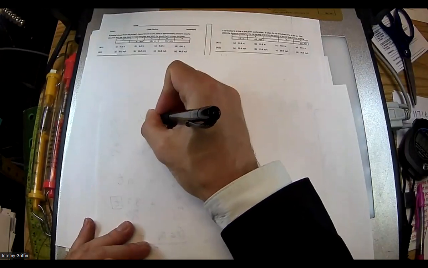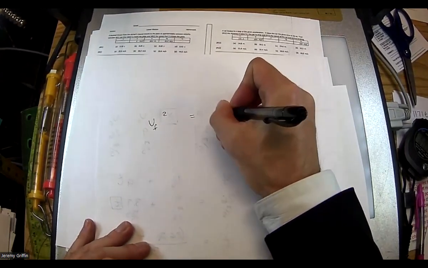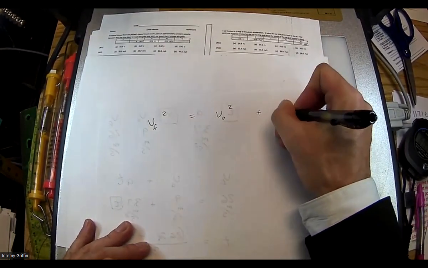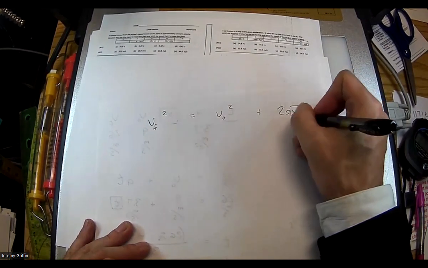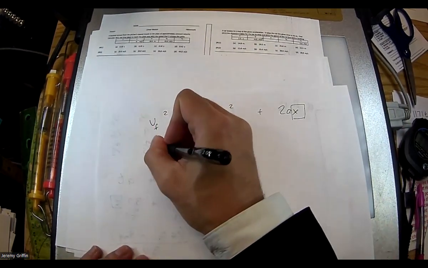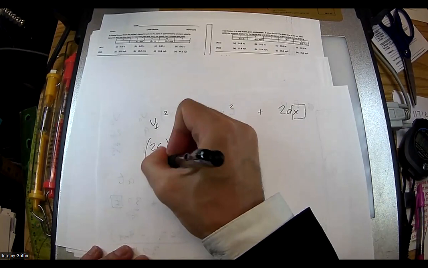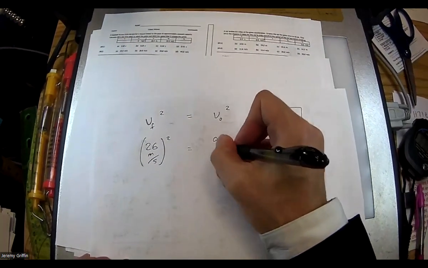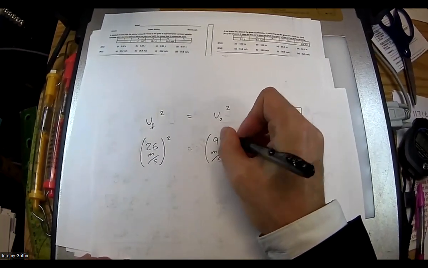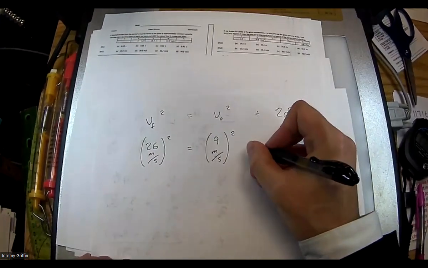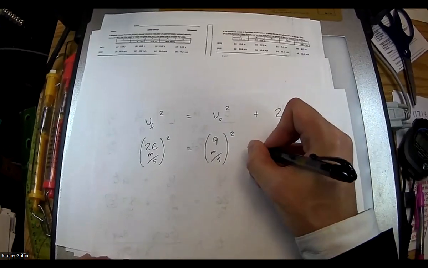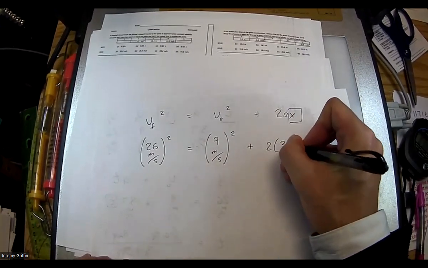I'm going to say vf squared equals v naught squared plus 2ax. How about that? I want the height of the cliff. It's going to this many meters per second from this many meters per second. Don't forget to square those if you're using the same method I'm using. 3.7.